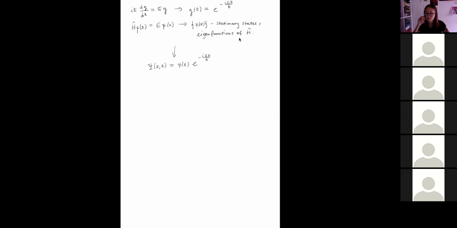Now let us consider the following question. Suppose that at time t0, we're starting with some arbitrary state, which we'll label as, let's say, phi of x.